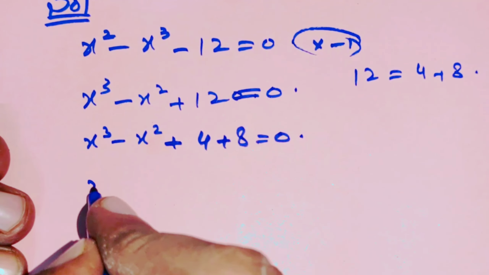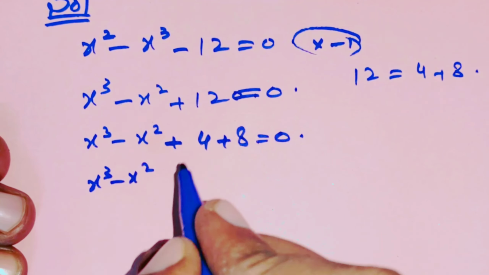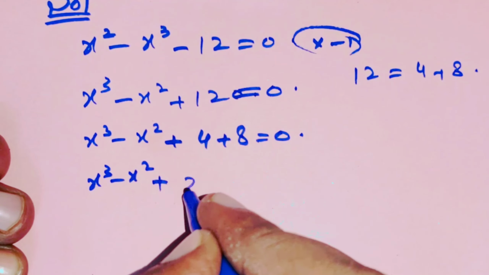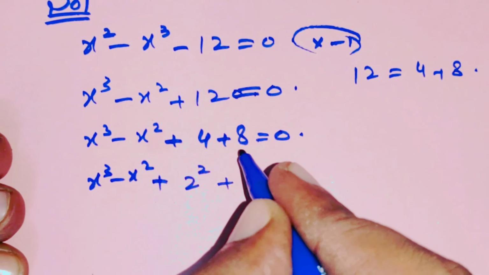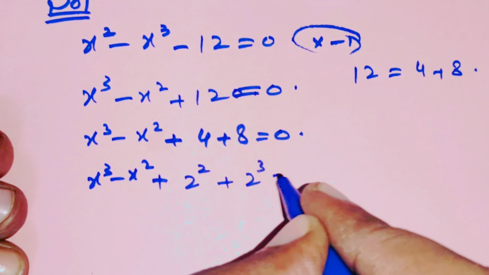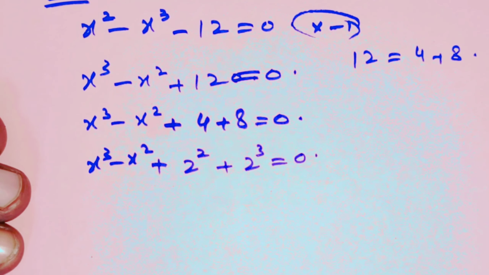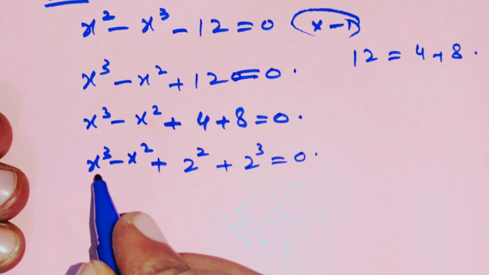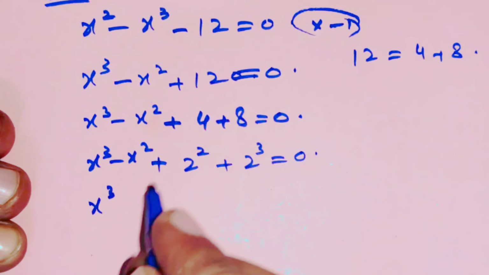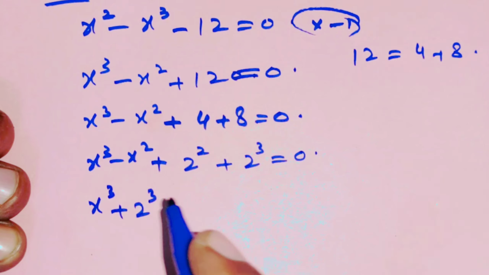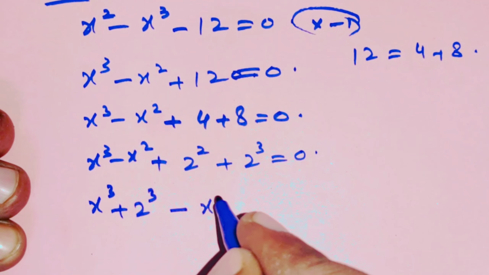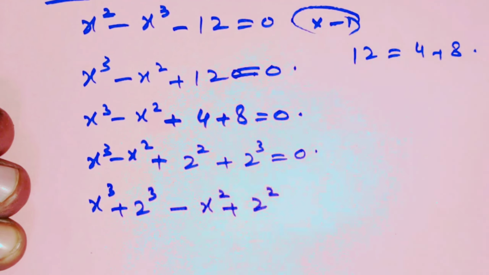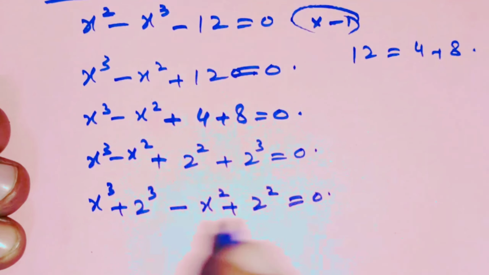So x cube minus x squared same, we can write 4 is square of 2 and 8 is cube of 2. Now move the cube term and keep it with x cube. x cube plus 2 cube minus x square plus 2 square equal 0.